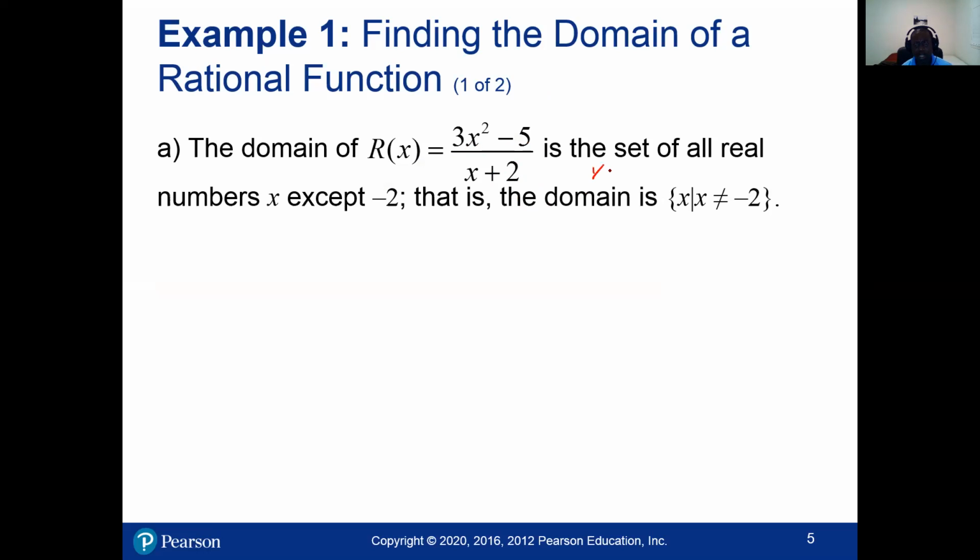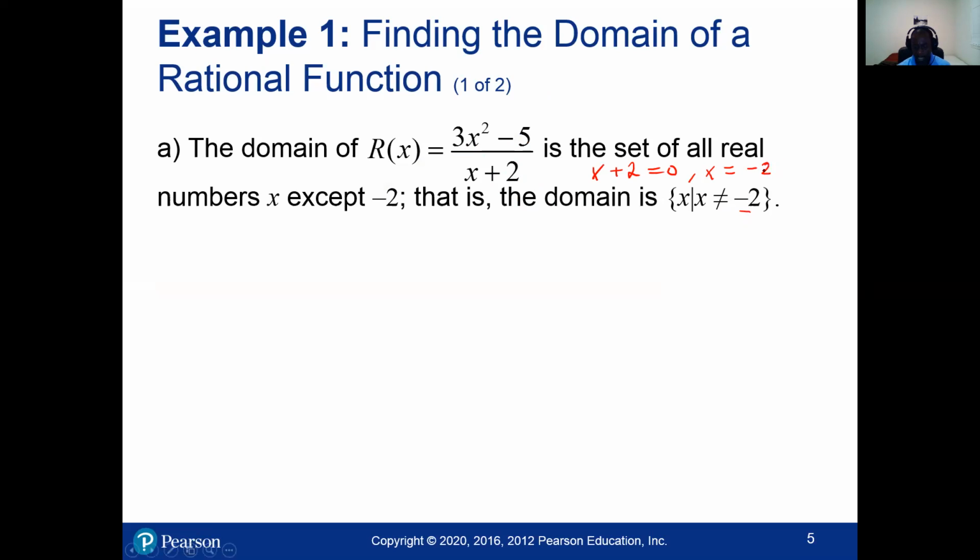You take the denominator, x plus 2, set it to 0, and then solve. When you solve, you have x is equal to negative 2, and the domain will include all real numbers except x equals negative 2, okay?